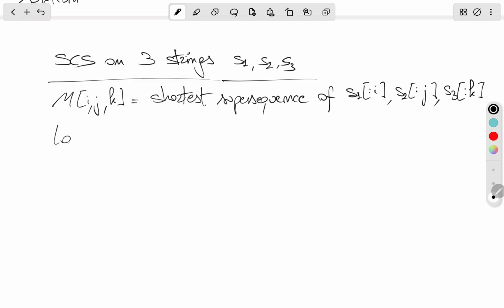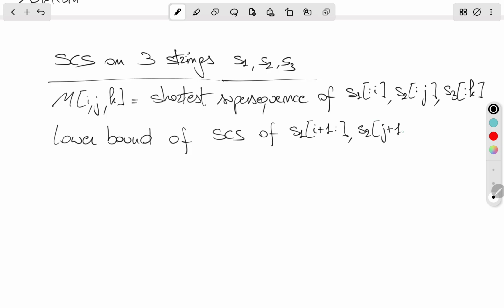I need a lower bound of the SCS of S1 from I plus 1 to the end, S2 from J plus 1 to the end, and S3 from K plus 1 to the end. Okay?